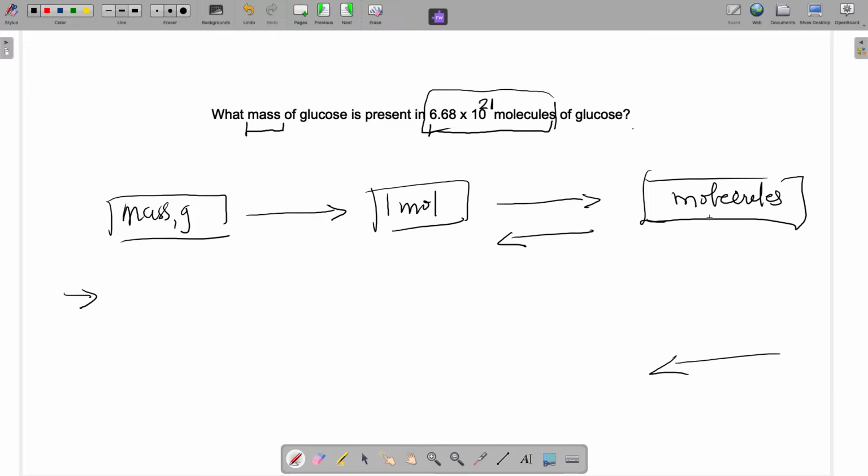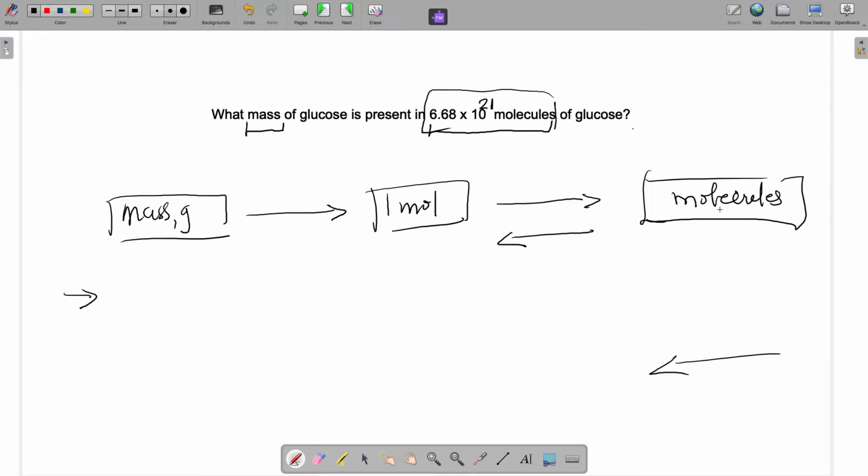To go from molecules to moles, we need a conversion factor, and this conversion factor is Avogadro's number. Because we are traveling from molecules to moles, we have to flip Avogadro's number so that molecules will cancel out and leave moles.